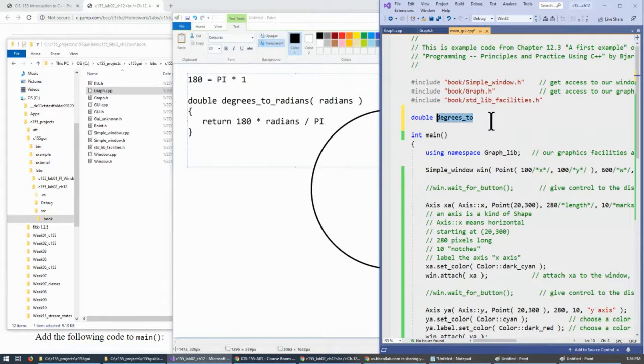Sorry, what I need to do is, yeah, I probably need both, right, to do what I need right here. Of these functions, degrees to radians.